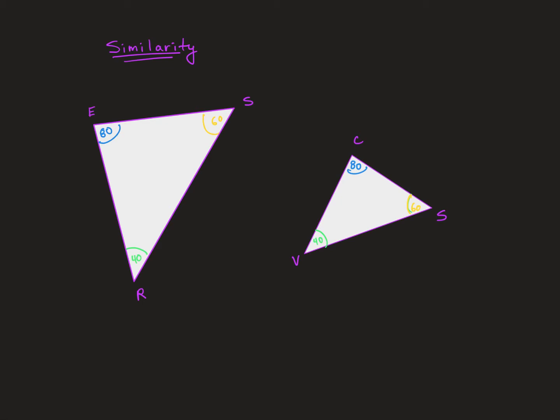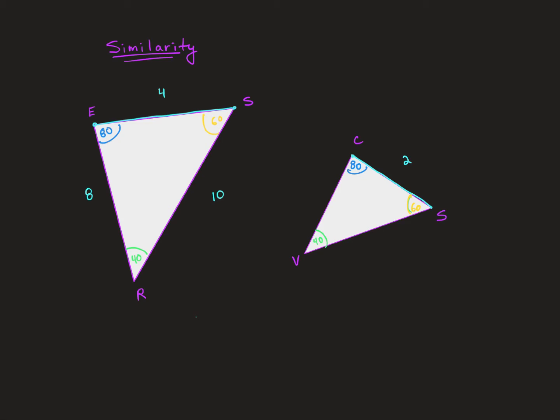Now, something that won't be congruent yet has to have a relationship is this idea of, let's say this triangle is 4, 8, and 10. And let's say this triangle is literally half the size. And let's say ES corresponds to CS. And we'll say CS is similarly just half of ES, so it is 2.